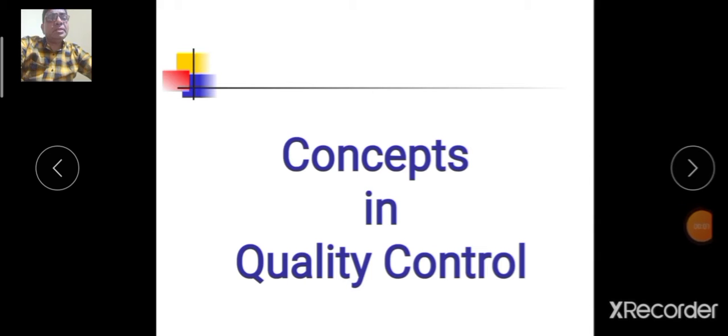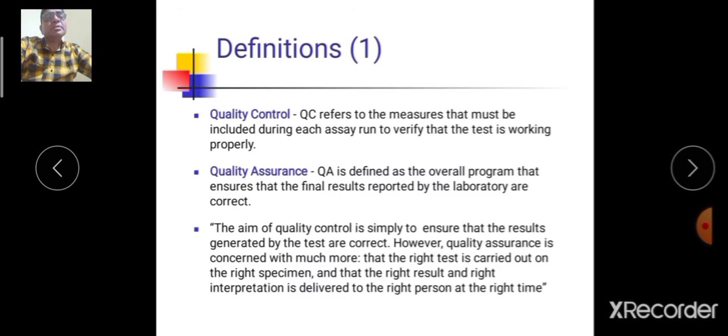Now let us see the concepts in quality control, that is the QC. The QC has a number of definitions. The first definition, of course: QC refers to the measures that must be included during each assay run to verify that the test is working properly.